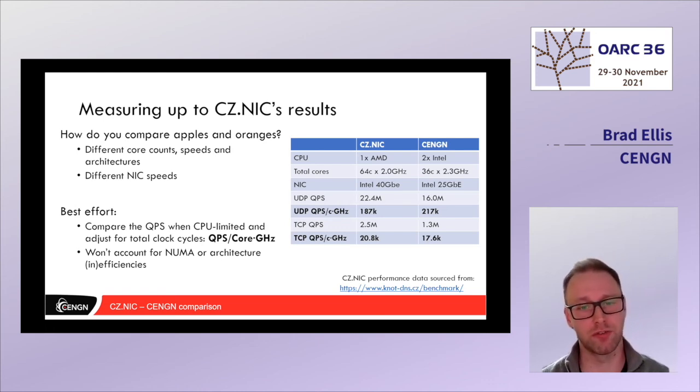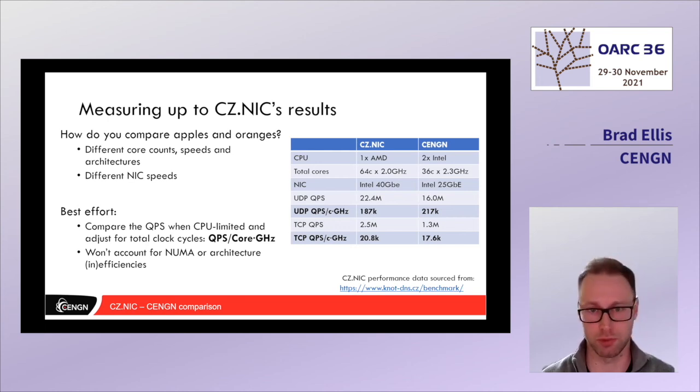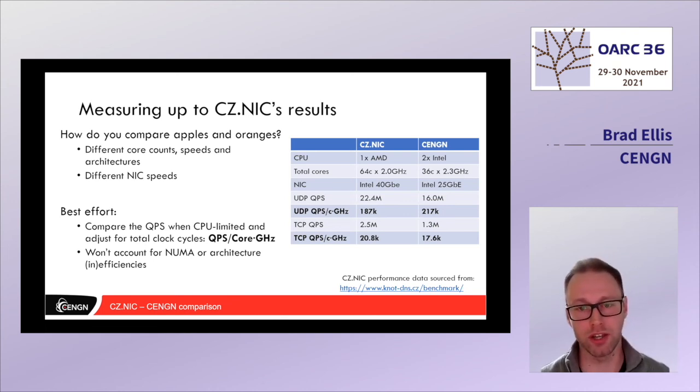It doesn't account for NUMA nodes, for example, like number of CPUs versus cores, and it won't be linear, in that the higher you scale, you're going to get less per core gigahertz. But it at least gets us on somewhat even ground, so we can see, hey, are we doing this right? Are we on the right track? Did changing one thing actually make a meaningful difference?